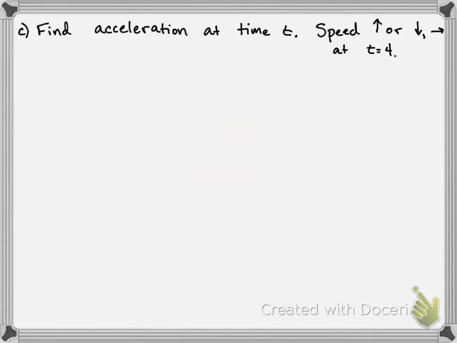So that's what we would say for that. Part C says to find the acceleration at time t, and once we do that, to figure out whether the speed is up or down or neither at t equals 4. To find the acceleration, we know that's just the derivative of the velocity, so the derivative of the derivative. We know what v of t is.